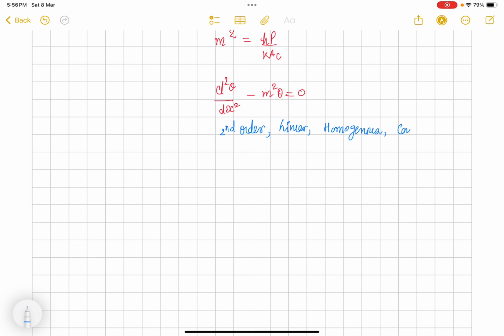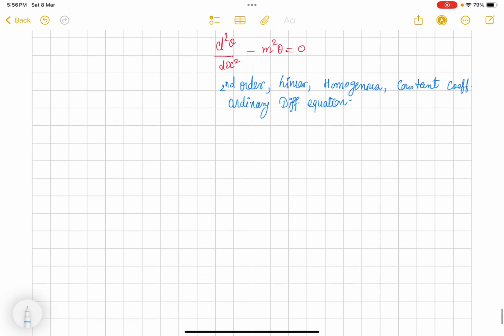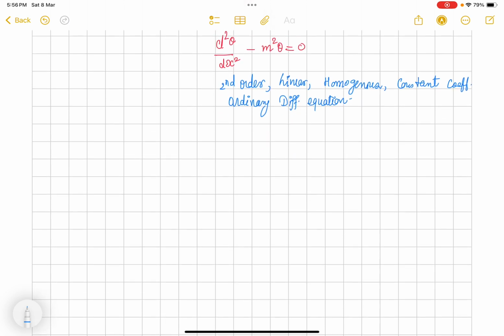Constant coefficient ordinary differential equation. So the solution of this ordinary differential equation will give the temperature profile along the length of the fin.